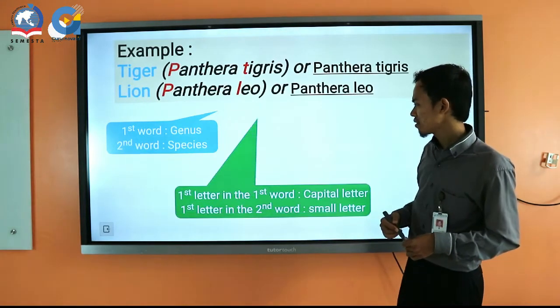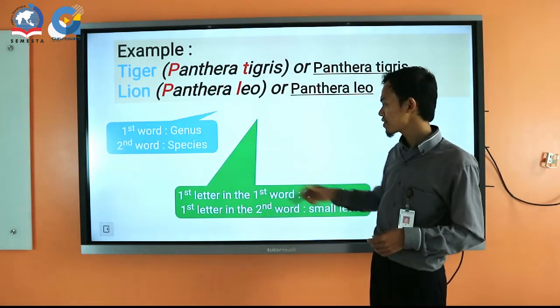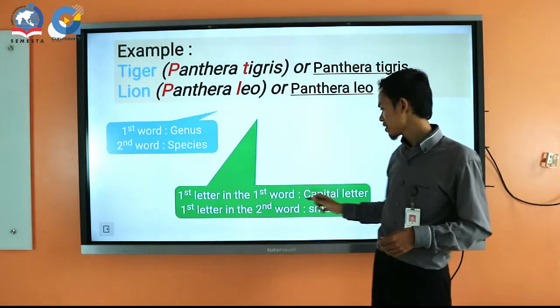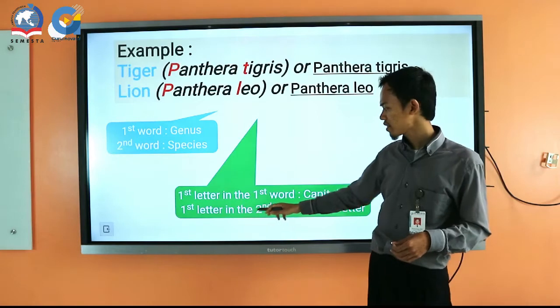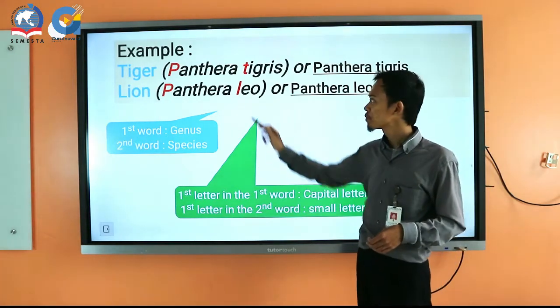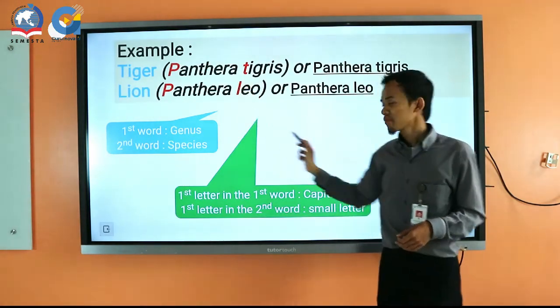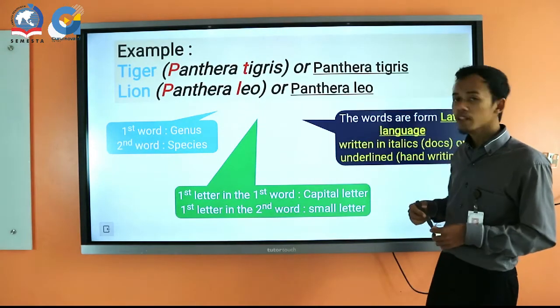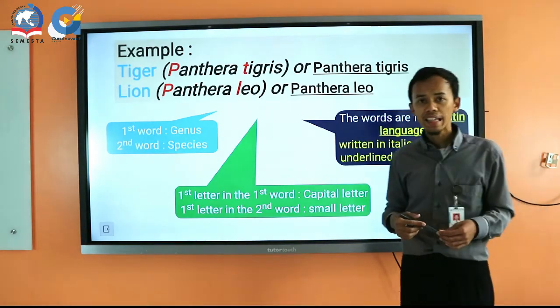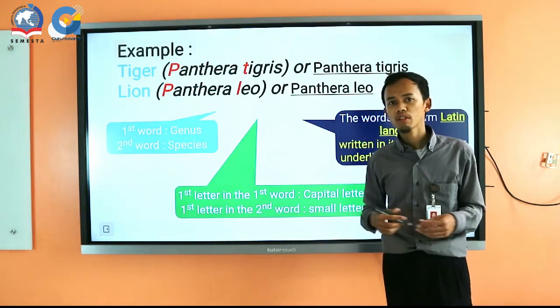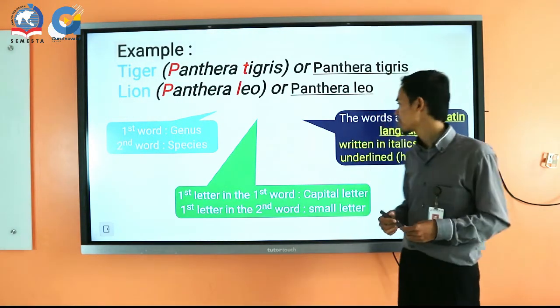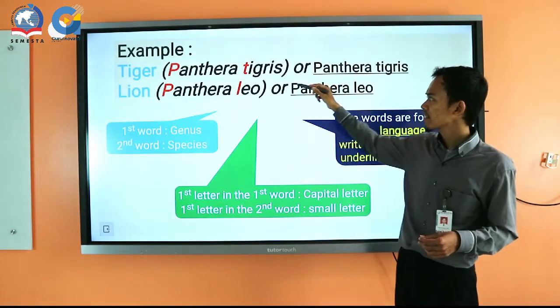Then the second rule: the first letter in the first word is a capital letter, while the first letter in the second word is a small letter. And the last, the words are from the Latin language, not from Indonesian, Chinese, Arabic or others, and written in italics.